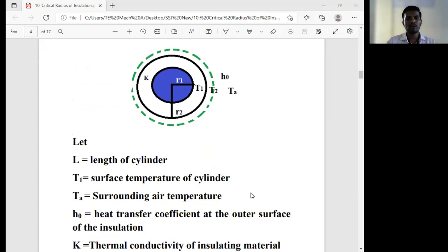OK, so write down the meaning of each term. Capital L is nothing but length of the cylinder, T1 is nothing but surface temperature of the cylinder, TA is nothing but surrounding air temperature, then HO is nothing but heat transfer coefficient at the outer surface of the insulation, and K is nothing but thermal conductivity of insulating material.